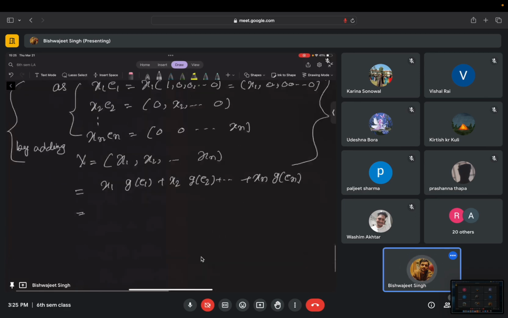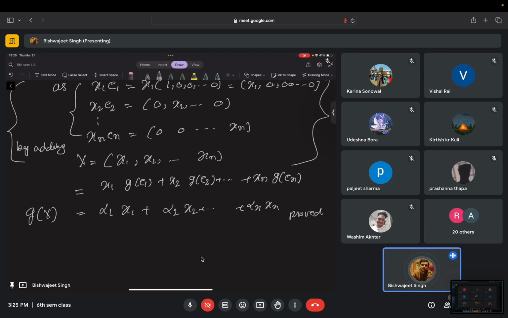So I use that here, and I get alpha 1 x1 plus alpha 2 x2 up to alpha n xn. This is my g of x, and this is what we have proved.